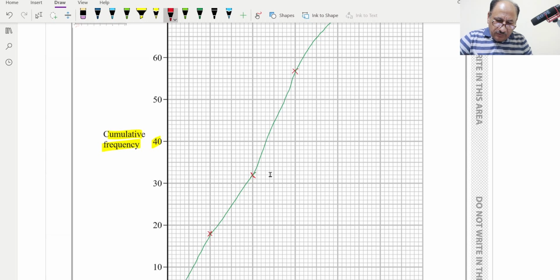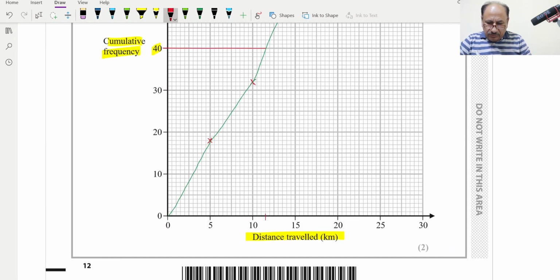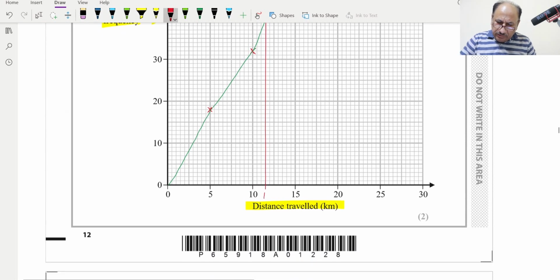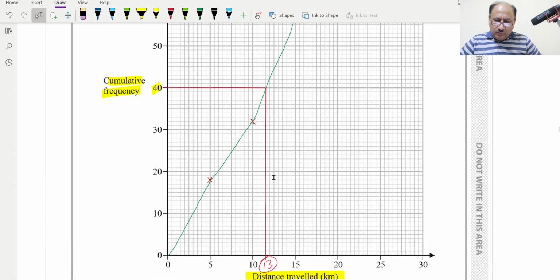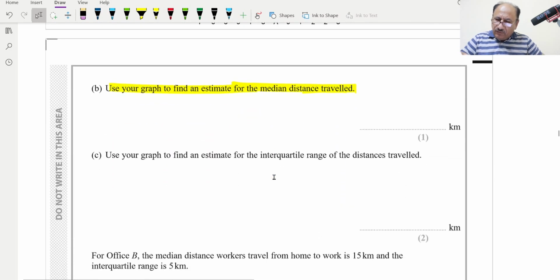If I draw reference point for 40 will be this one, and the second reference point will be this one, and we can figure out this one is like 13 over here. So the median value is 13.